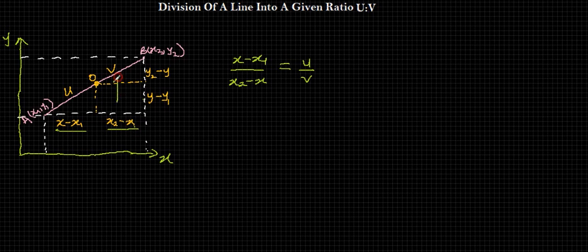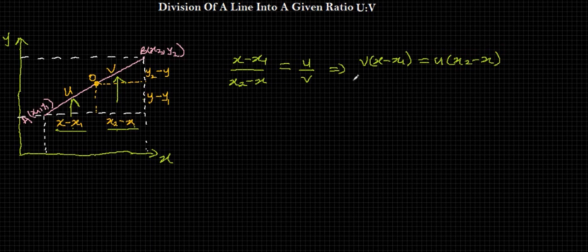So this divided by this means u divided by v. So from here now we are going to cross multiply, and we are going to have v into x minus x1 equal to u into x2 minus x.